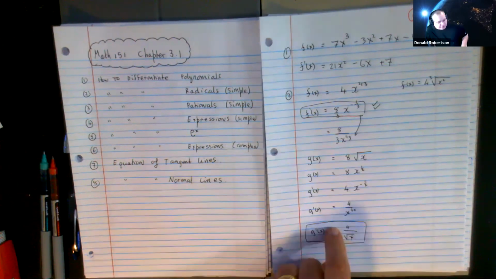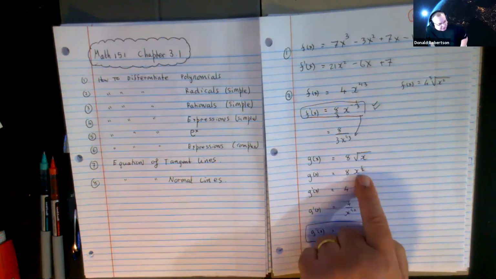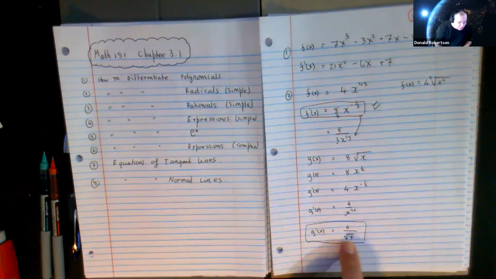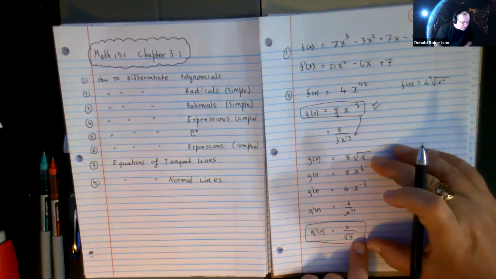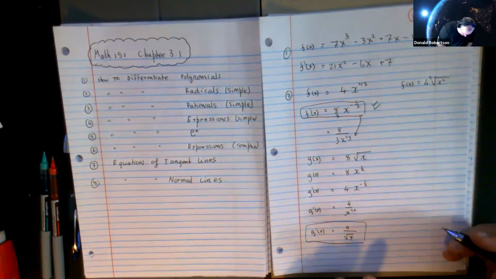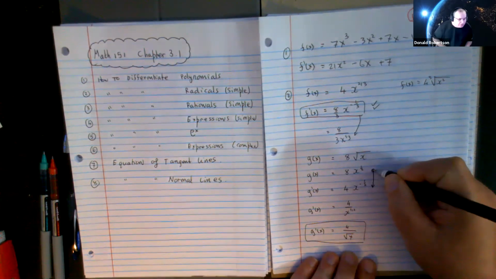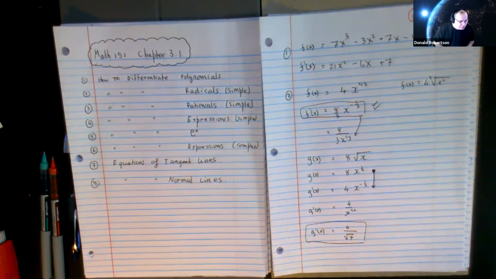Are you okay with the algebra necessary to take radicals and convert them so you can differentiate? And then how to take the answer and convert it so that it looks like the original? Because there's a fair amount of algebra here and very little calculus. In fact, the only part of what you're looking at that's calculus is the bit that goes from here to here. Isn't everything else just algebra of some kind or another?